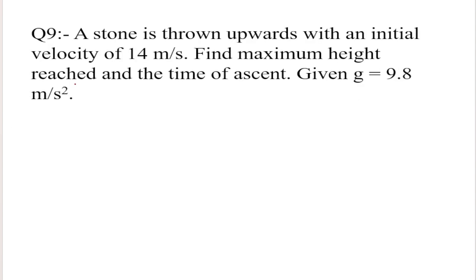Now question number 9. A stone is thrown upward with an initial velocity 14 meter per second. U equal to 14 meter per second. Find the maximum height reached and the time of ascent, h and time.